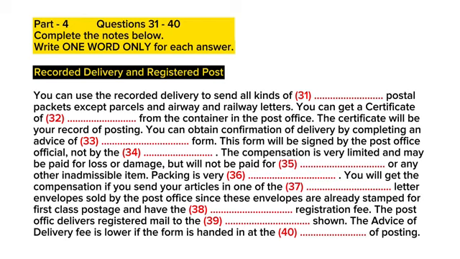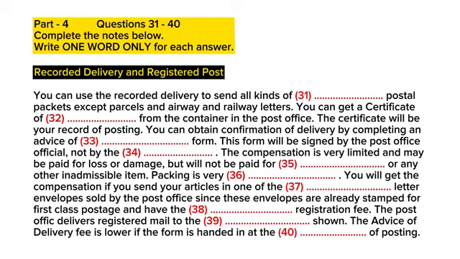You can obtain confirmation of delivery by completing an advice of delivery form either at the time of posting or later. This form will be signed by a post office official, not by the addressee or the recipient. A fee is payable, which is lower if the form is handed in at the time of posting. Is there any compensation for loss?